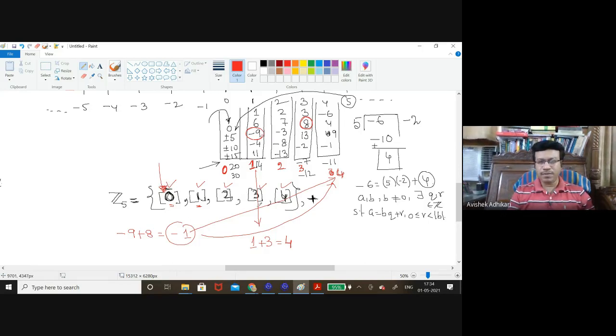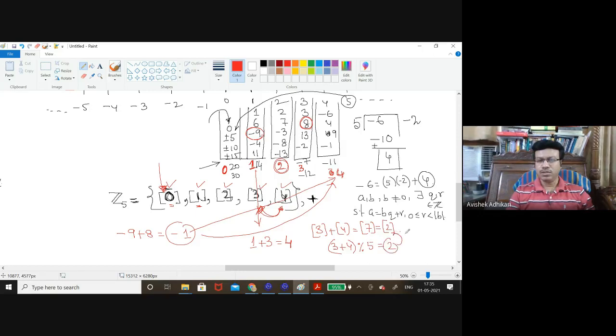For example, if I add 3 and 4, so 3 class plus 4 class becomes class 7. And let's see where 7 belongs. 7 belongs to 2. So we call it 2 class. That means just simply 3 plus 4 and then modulo 5, and that gives you 2.